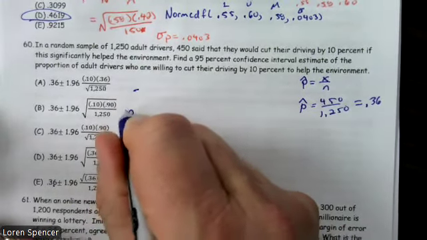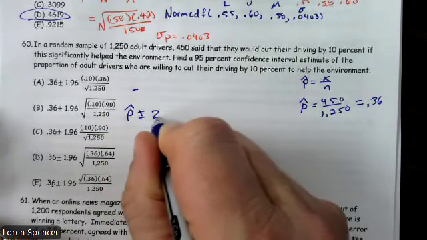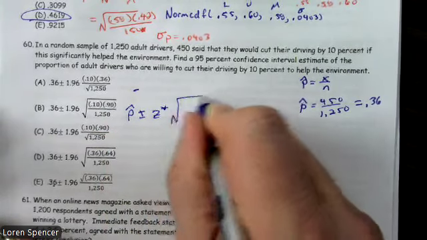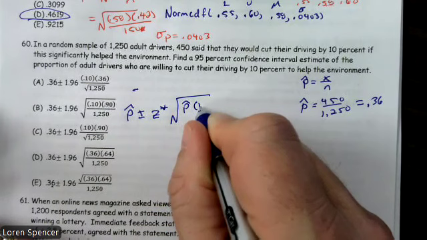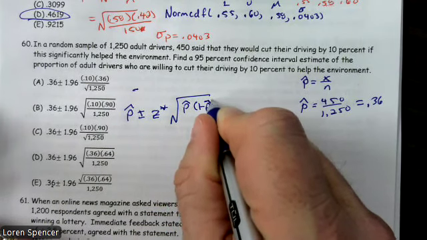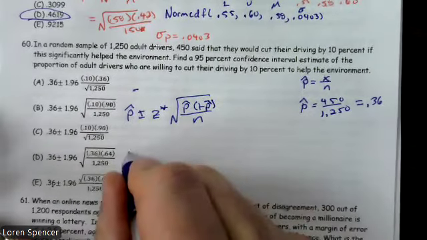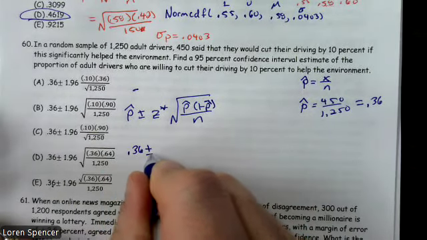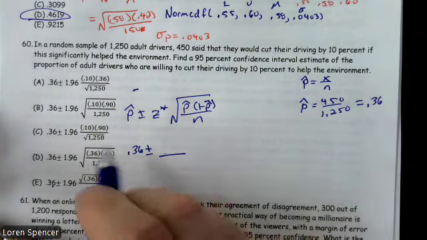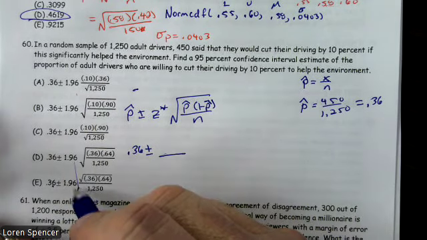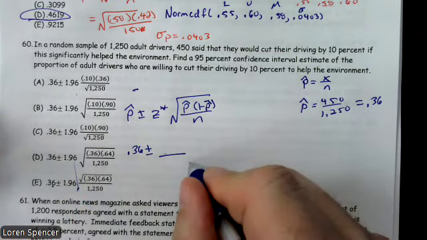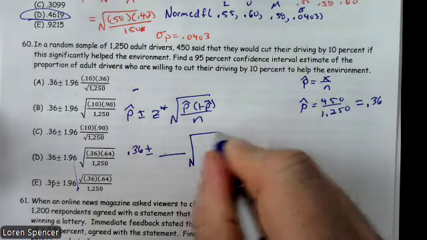All right. So the confidence interval has the formula P hat plus or minus Z star times the square root of P hat times 1 minus P hat all over N. So in this case, 0.36 plus or minus, we'll have to figure out Z star in just a second. Oh, they all use the same one, so we don't have to worry about it, but we'll still do it anyway because it's good practice.